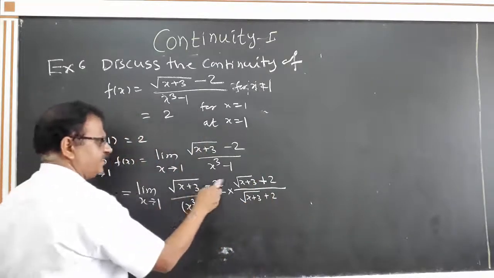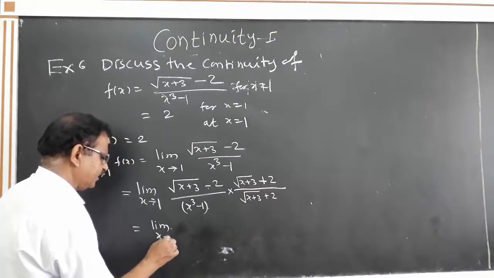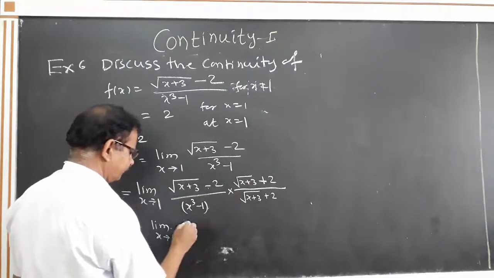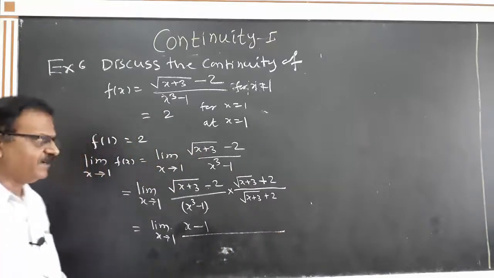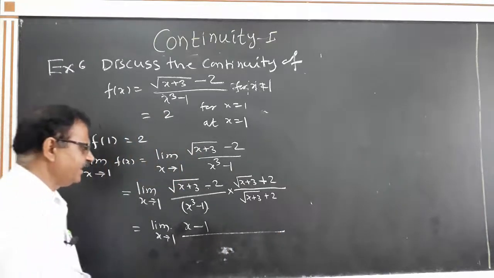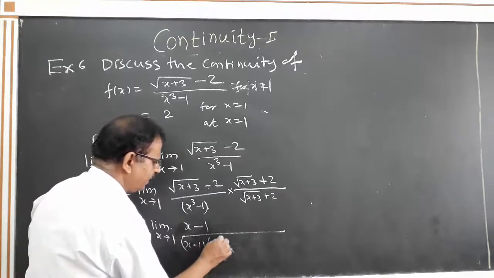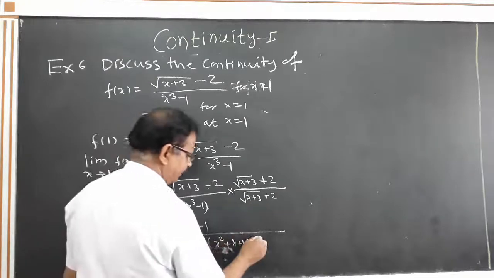Now here (a minus b)(a plus b), this can be written as limit x tends to 1 of (x plus 3 minus 4), that is x minus 1. X plus 3 minus 4 is x minus 1, and x cube minus 1 can be written as (x minus 1) into (x square plus x plus 1), and this term as it is.